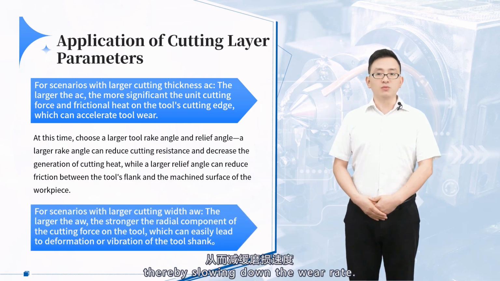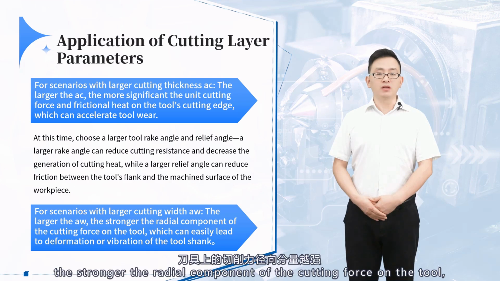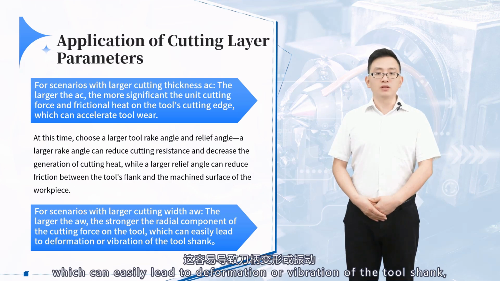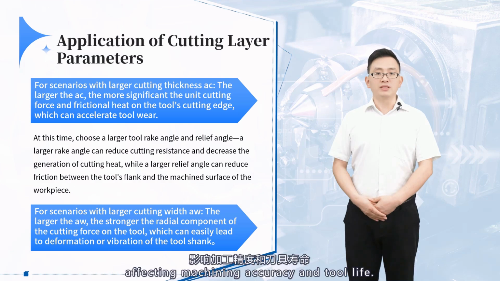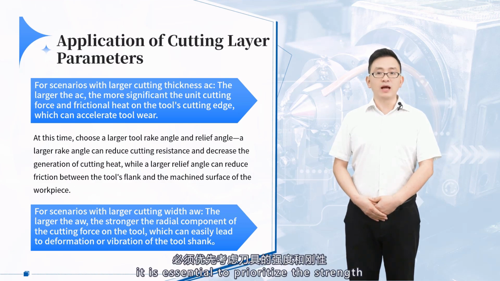For scenarios with larger cutting width AW, the larger the AW, the stronger the radial component of the cutting force on the tool, which can easily lead to deformation or vibration of the tool shank, affecting machining accuracy and tool life. In this case, it is essential to prioritize the strength and rigidity of the tool.